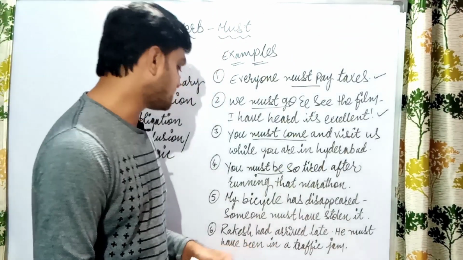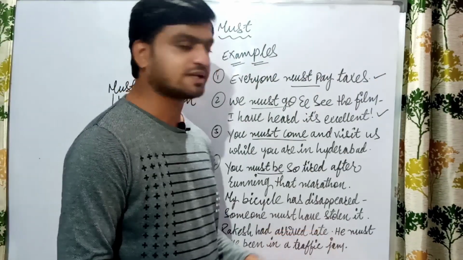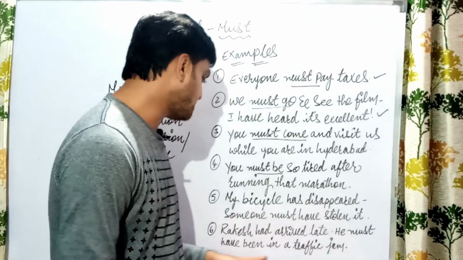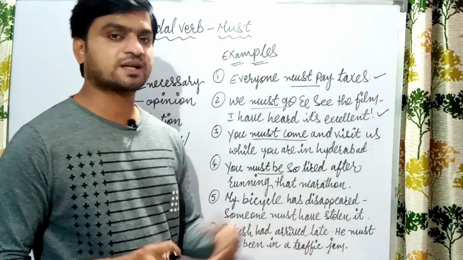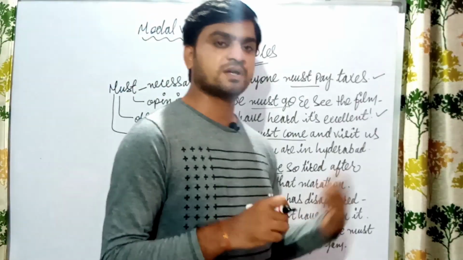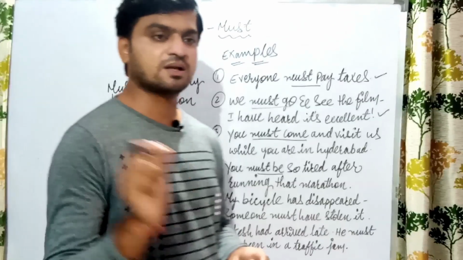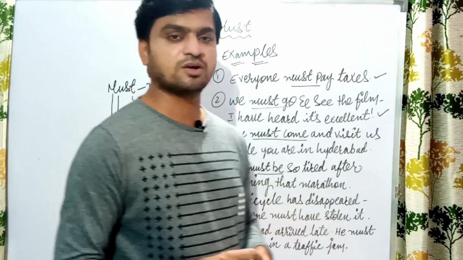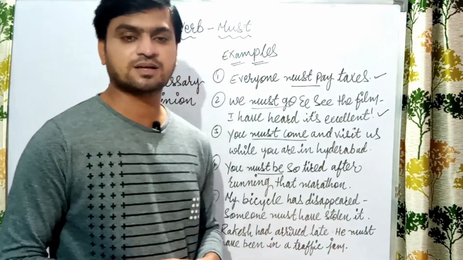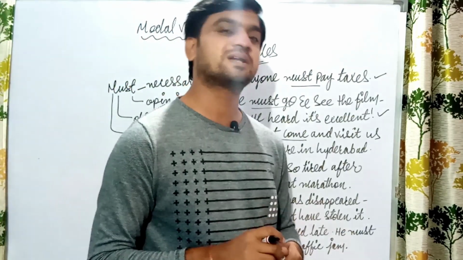And next one: Rakesh had arrived late. He must have been in a traffic jam. So what happened here? The mother has an expectation. Her son went outside, and regularly he is present at home at a fixed time. But suddenly on that day, he was very late. And what is the mother's expectation here?